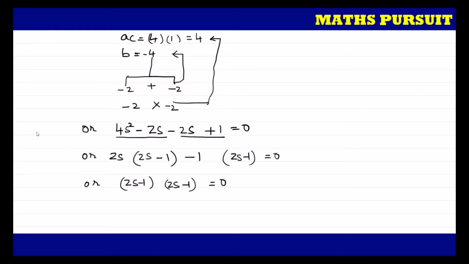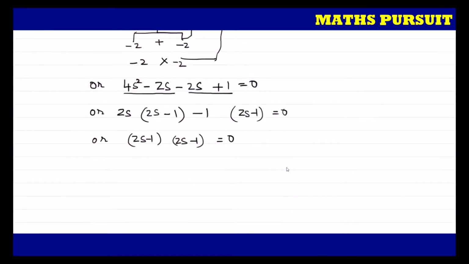So we got 2s minus 1 and 2s minus 1 is equal to 0. Or I can write 2s minus 1 is equal to 0 and again 2s minus 1 is equal to 0. Or 2s is equal to 1 and 2s is equal to 1. Just solving this equation, guys, nothing else I'm doing.